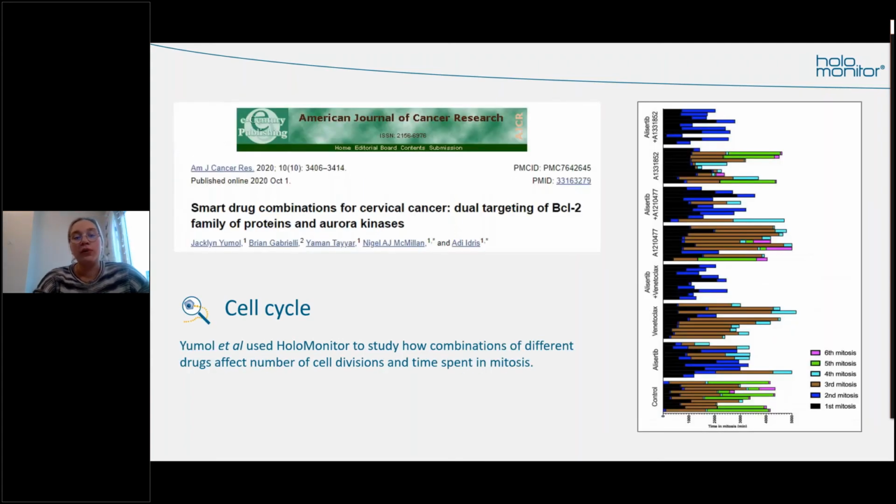Another example from our users is this publication by Yumol and colleagues where they used HoloMonitor Single Cell Tracking Assay to study how combinations of different drugs affected number of cell divisions and time spent in mitosis.